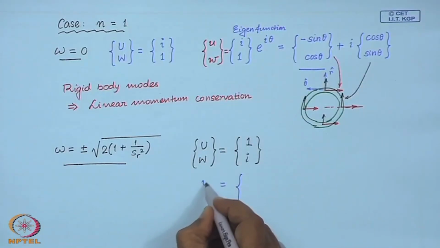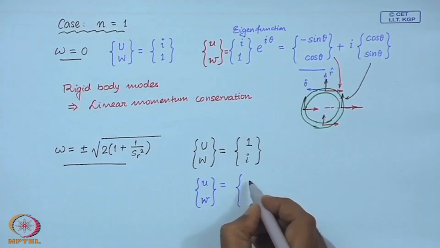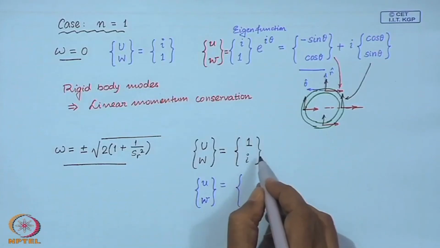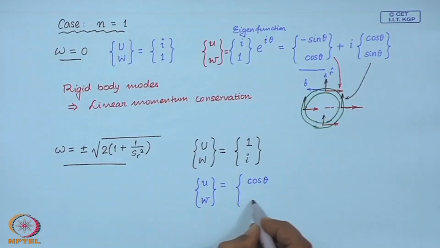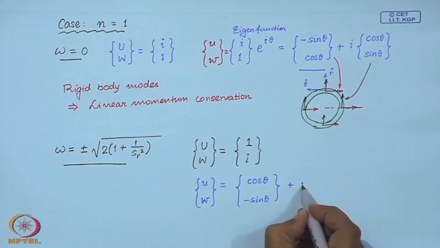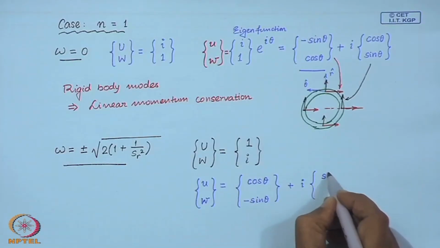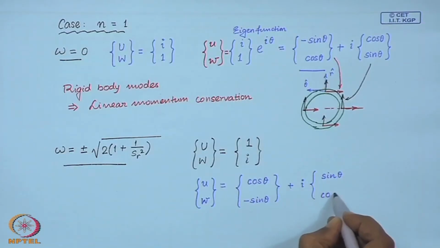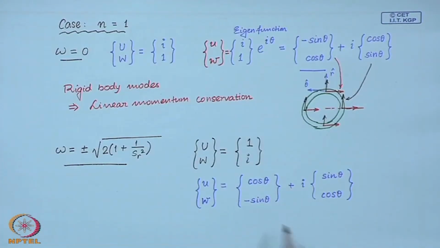So, if you multiply this with exponential i theta, so here we have, so these are the eigen function vectors.